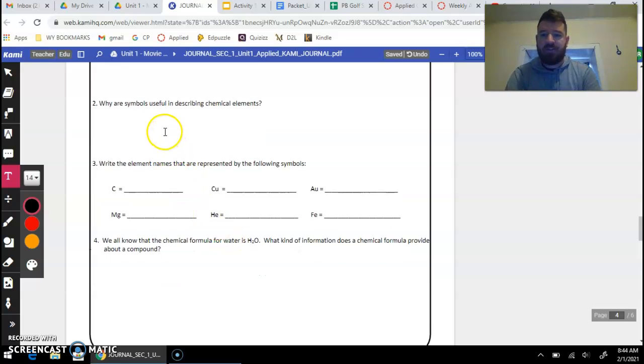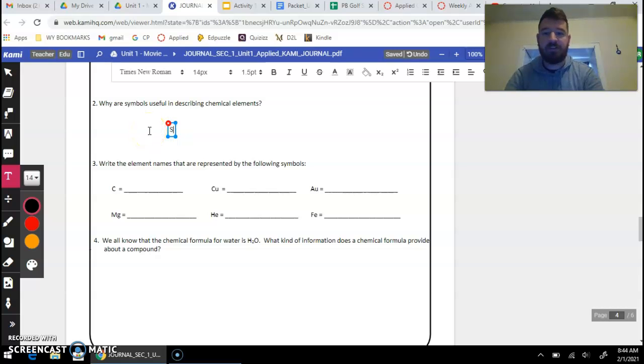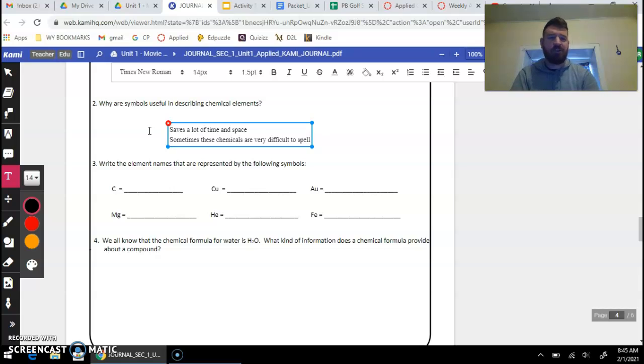Alright, so why are symbols useful in describing chemical elements? Well, the first thing is that it saves a lot of time and space. Another reason is that sometimes these chemicals are very difficult to spell. One of the next labs you're going to be doing is the temperature curve of paradichlorobenzene.